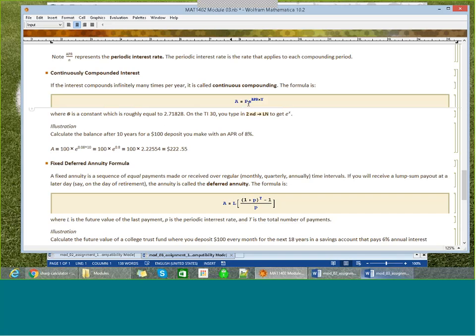So the accumulated value is P times e, which should be in your calculator, raised to the APR times y. If you have a TI-30, this is how you do it. But do you see this e to the x kind of looking thing on your calculator, Julie? I don't know which calculator you have, but on the iPhone, it's e to the x power. Do you see it?